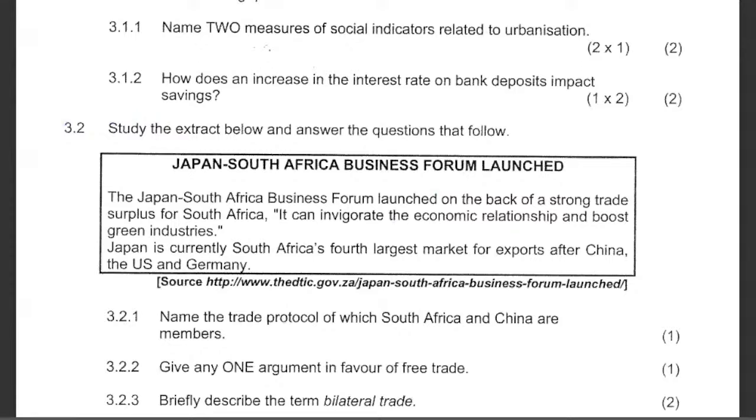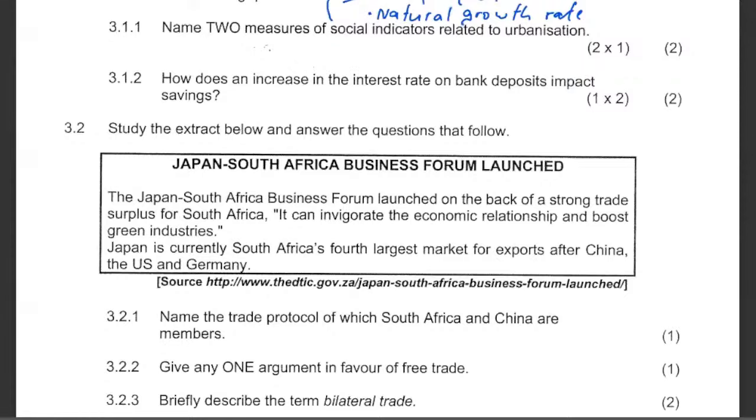So now here we are saying that we have migration as one of the measures, and also we have a natural growth rate. Okay, right, grade 12.